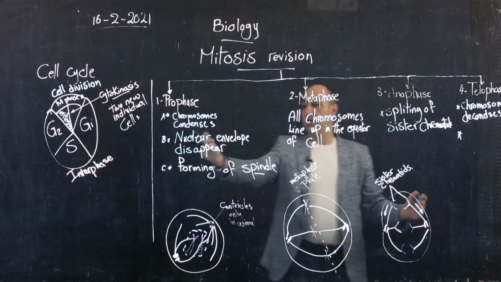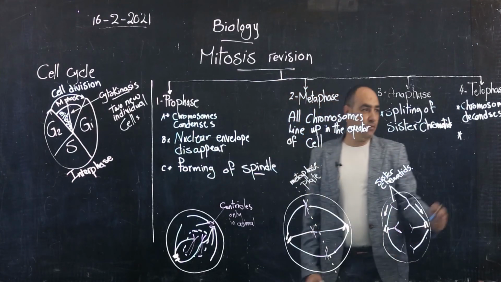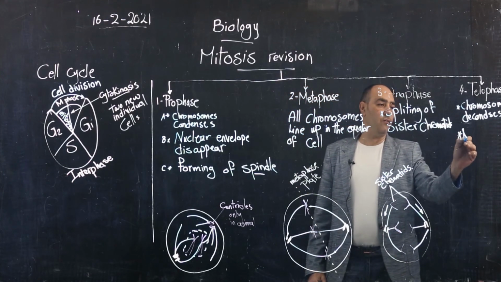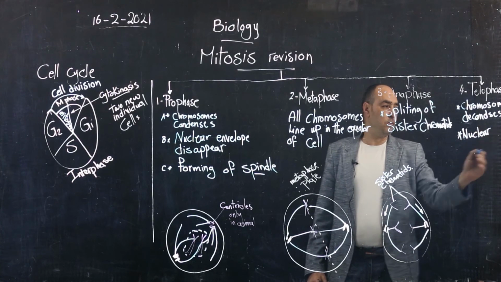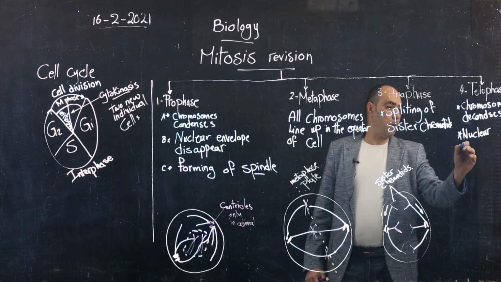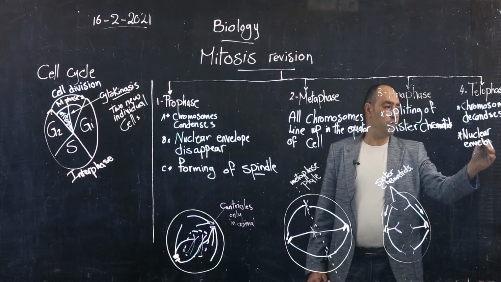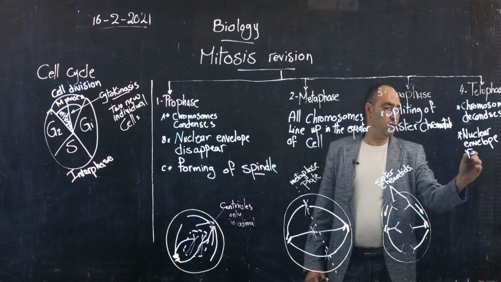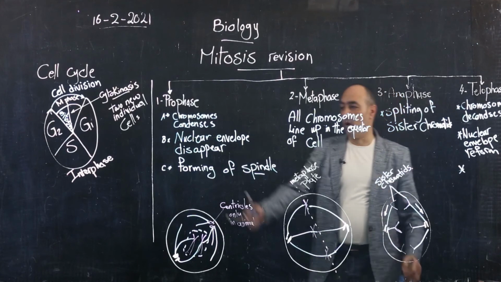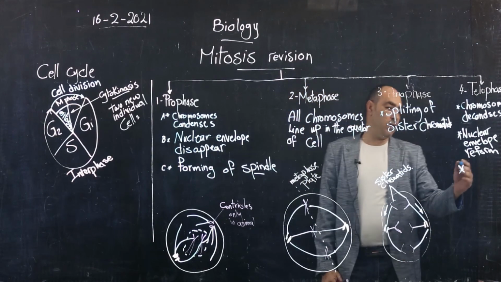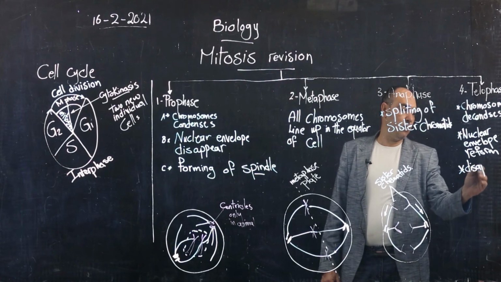The second is that the nuclear envelope, which disappears in the prophase, appears again, or reforms, in the telophase. Then the third one, the forming of a spindle in the prophase, becomes the disappearing of the spindle.